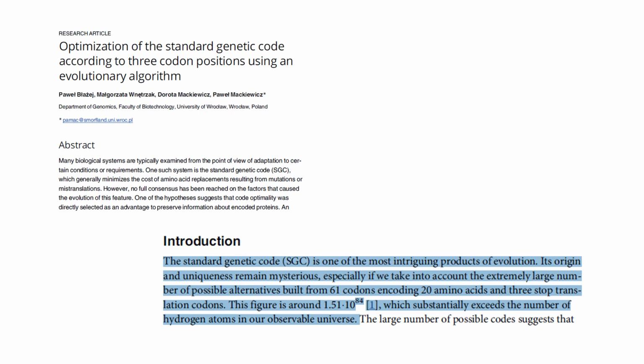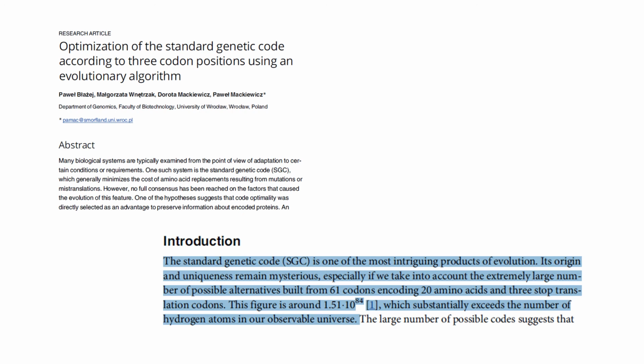In that case, there's a staggeringly large number of possible codes. It's actually about 1.5 times 10 to the 84. That is an unimaginably large number. It substantially exceeds the number of hydrogen atoms in the entire universe.